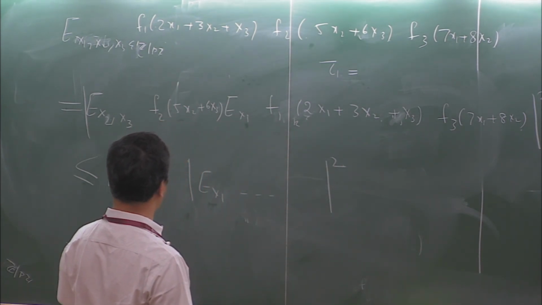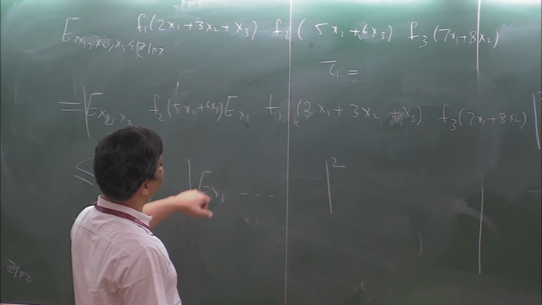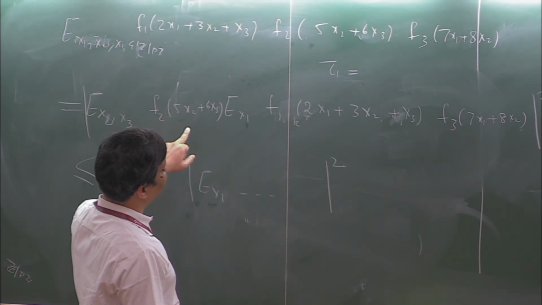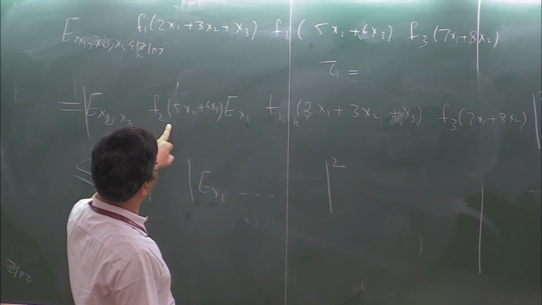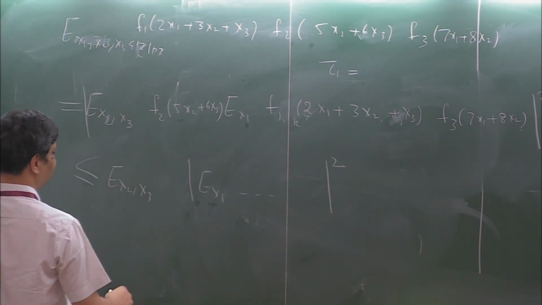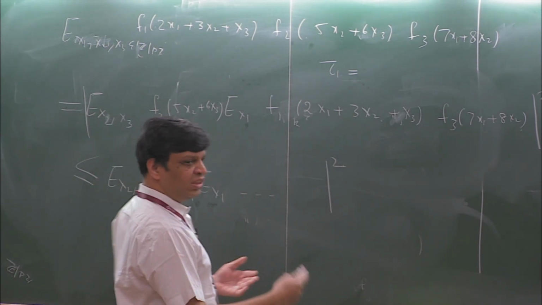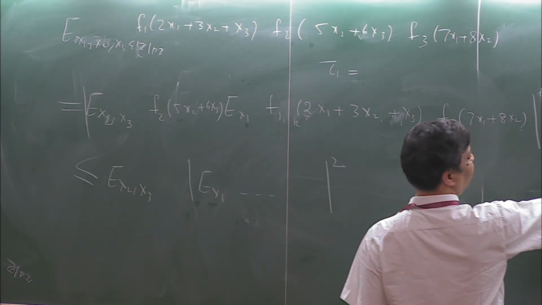Okay, x1 has duplicated here because I took this one outside. Then the next time I will take x3, so x1 and x3 will duplicate. Since I am going to apply Cauchy-Schwarz again, this will become the power 4.